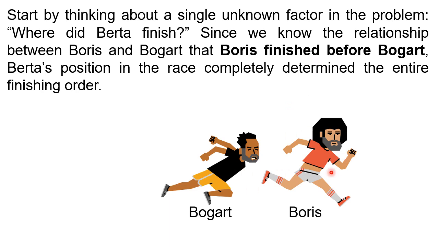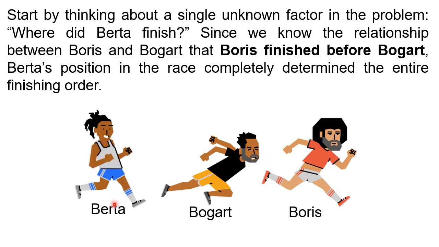So we can put Boris first, then Bogart, and from here we can put Berta last. This could be one possible answer: Boris is first, Bogart is second, and Berta is third.